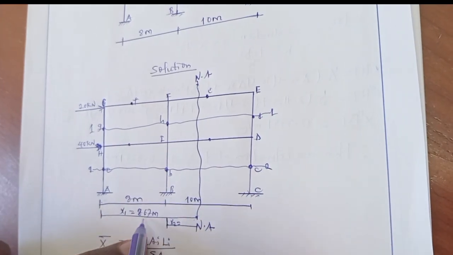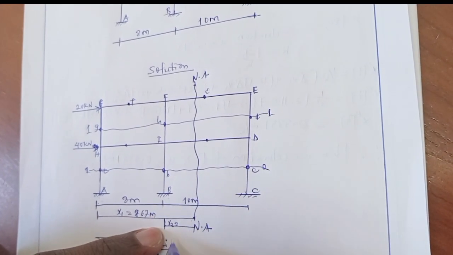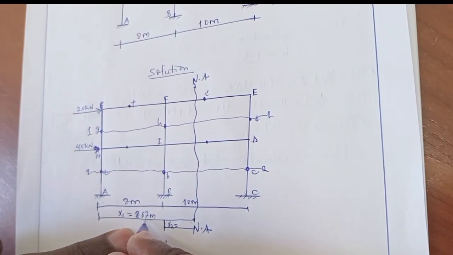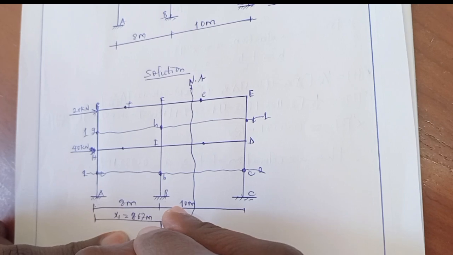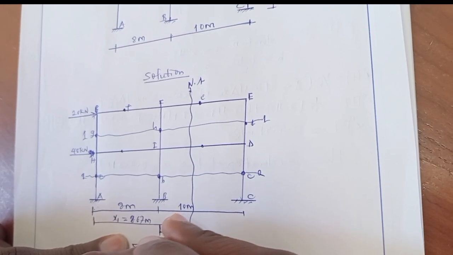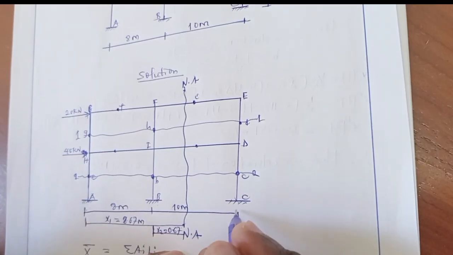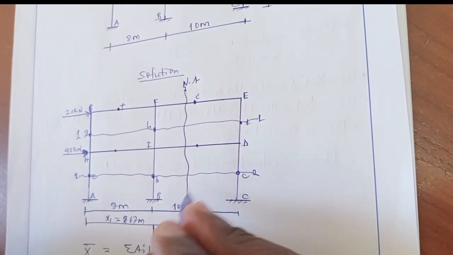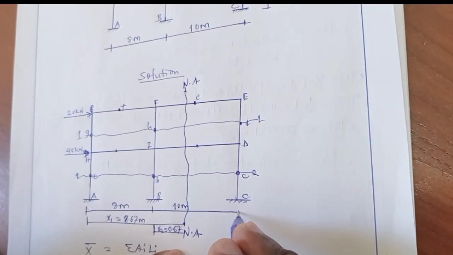So in order to obtain the distance from this point to the centroid, we take 8.67 minus 8, which remains 0.67 meter. And the distance of this column member to the centroid from this point to this point is 10 meters.